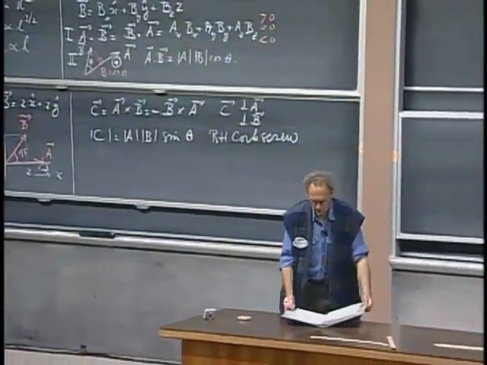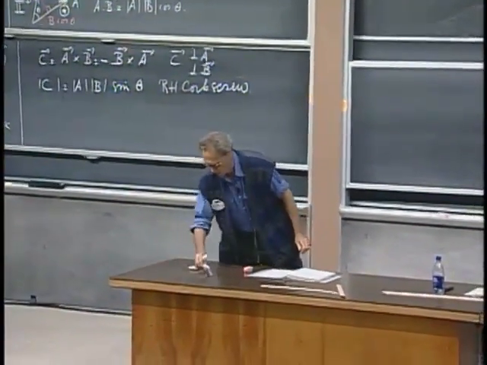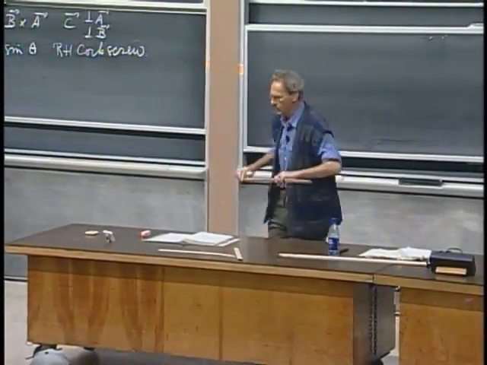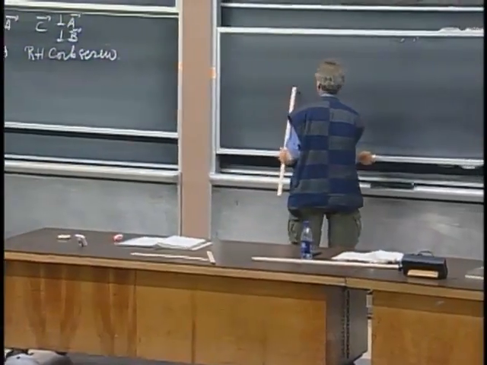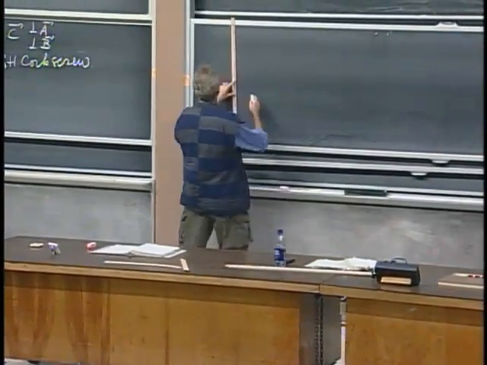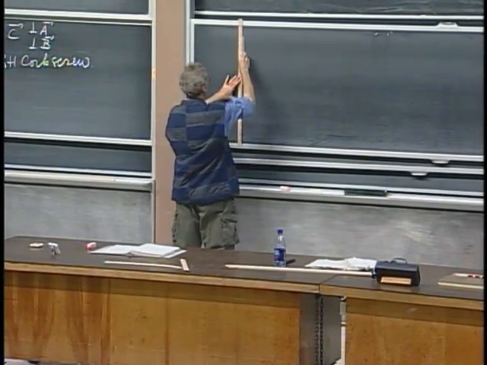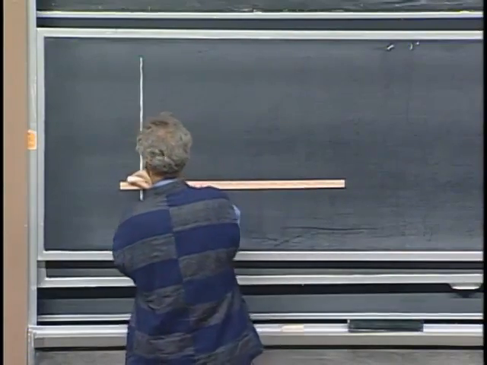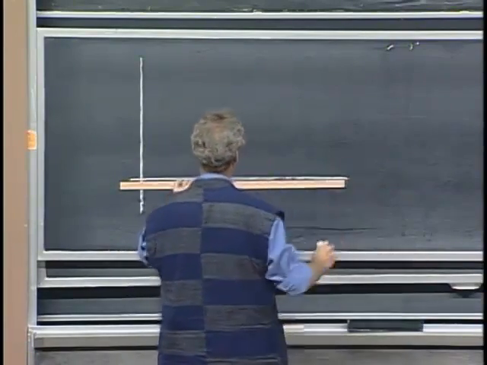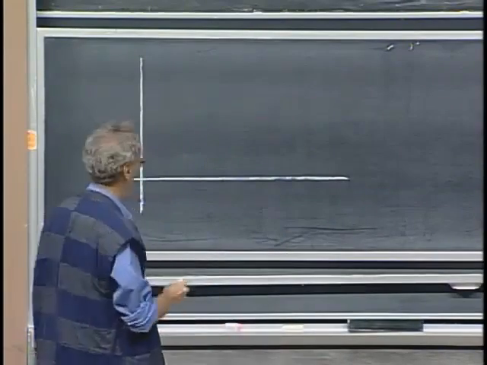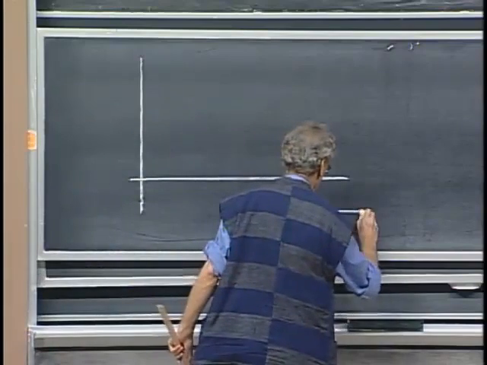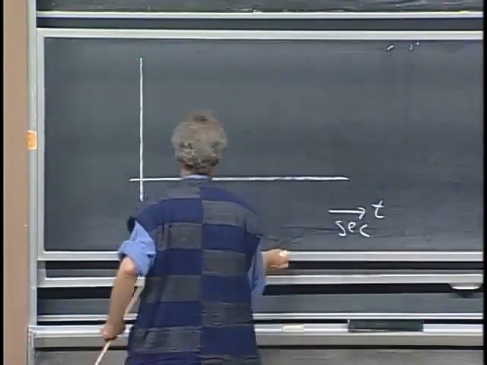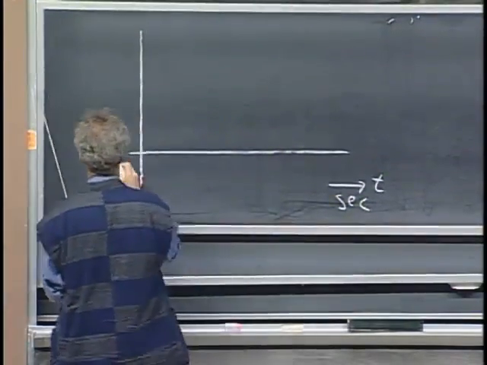Now I will give you the position x of an object as a function of time, and then we're going to ask ourselves a lot of questions about velocities, accelerations, sort of everything you can think of, everything we have covered, speeds, and I will cover here 4 seconds of time. So this is the time axis in seconds, and we will cover 4 seconds.